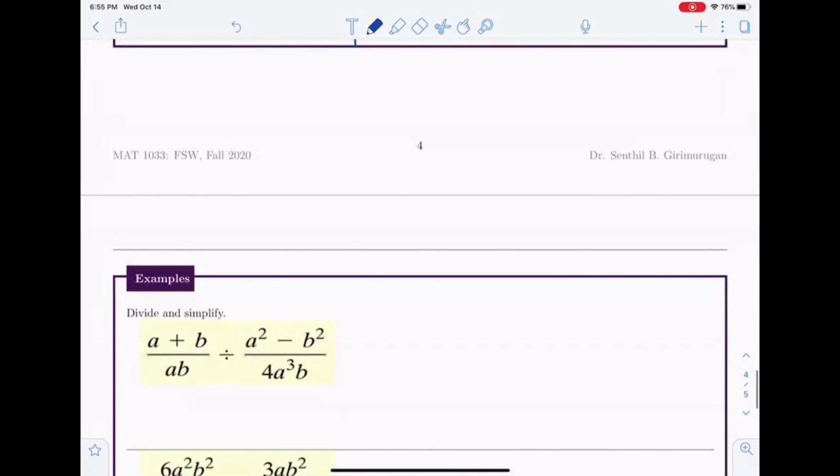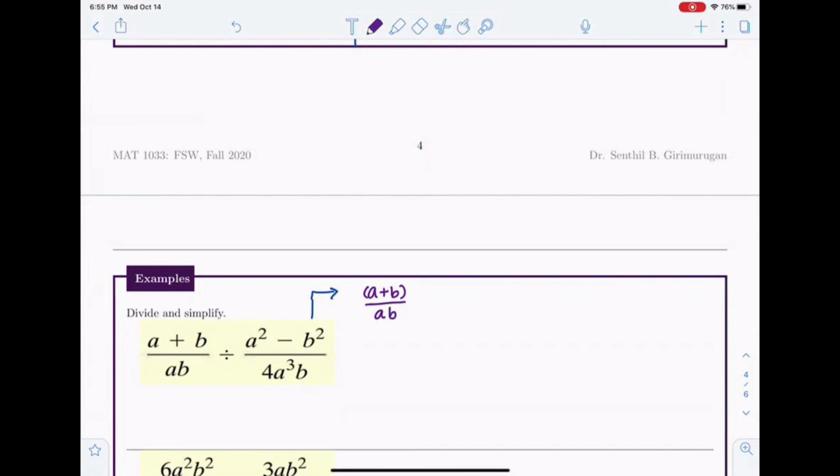Anytime we divide one rational expression by another, we take the first rational expression, which is, I'll just write over there, a plus b over ab.